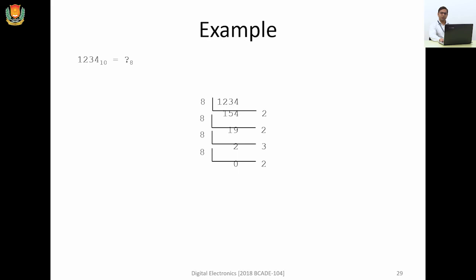We should write from bottom to upward. The bottom bit is the MSB, most significant bit, and the upper one is the LSB, the least significant bit. So 1, 2, 3, 4 in decimal number system is equivalent to 2, 3, 2, 2 in the octal number system.